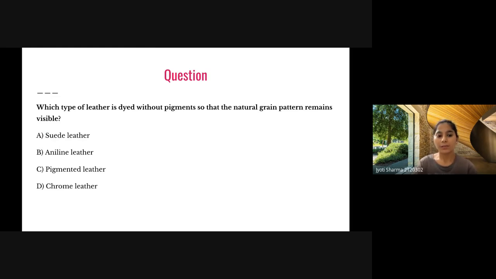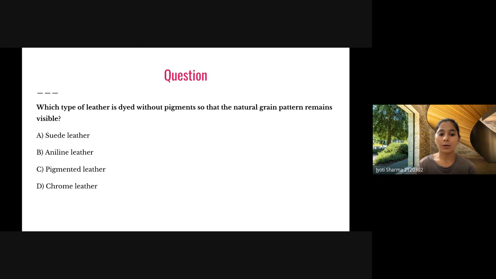Okay, so we have different types of leather, right? A different color we may give to the leather. Here the question is, which type of leather is dyed without pigment so that natural grain pattern remains visible? Diya already has given me B option. So yes, B option is the right one.